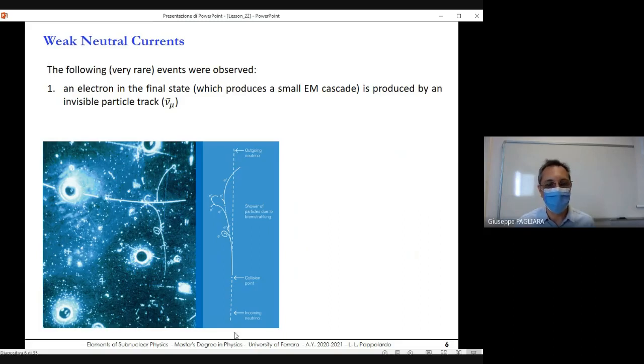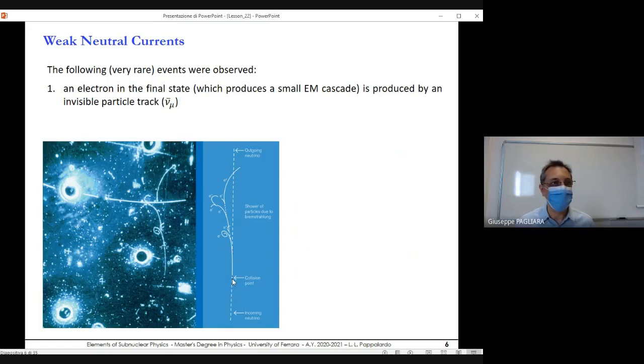So this is an interaction between the incoming neutrino and one of the atomic electrons of the freon inside the bubble chamber. What you don't observe in the final state is the muon. You don't observe the neutrino because, of course, you cannot detect the neutrino in the bubble chamber.